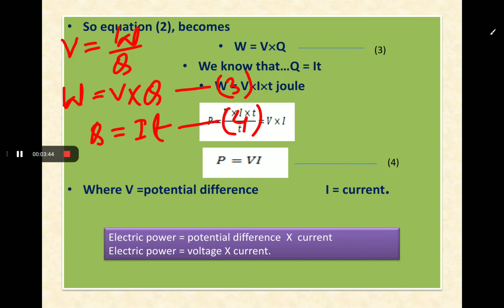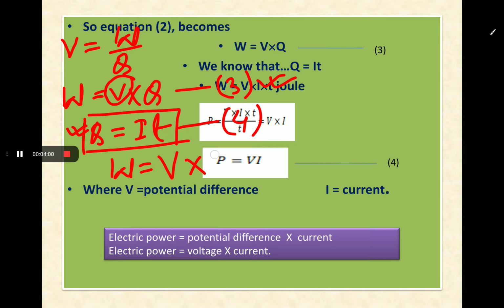Now, put the expression of this charge in equation 3. So, it becomes W is equal to V into, and in place of charge, we will put IT. So, work done is equal to VIT. And the SI unit of work done is joule.